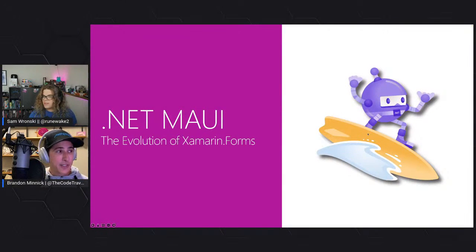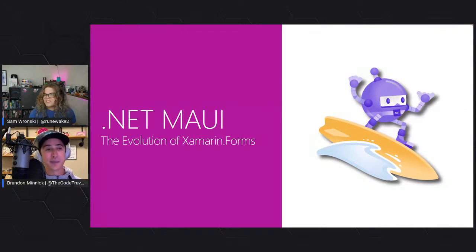Like I mentioned, .NET MAUI is the evolution of Xamarin Forms. If you've never heard of or used Xamarin Forms, don't worry about it. You don't need to know anything about it to use .NET MAUI. But if you have, you can almost think of .NET MAUI as version 6 of Xamarin Forms.